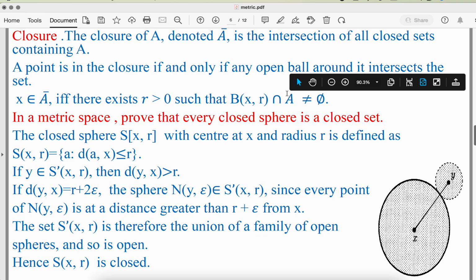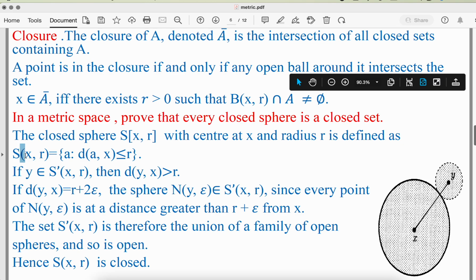Now we will prove that in a metric space, every closed sphere is a closed set. Suppose we consider a closed sphere centered at x and radius r, which we have denoted by S, and radius r, as it is a closed bracket.